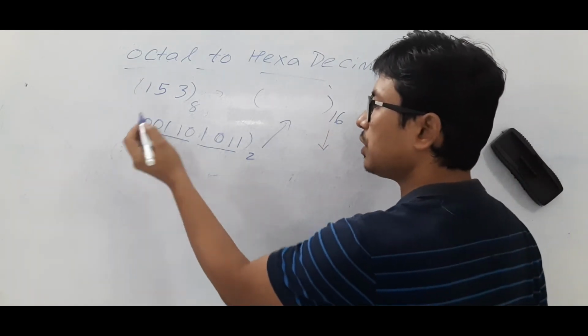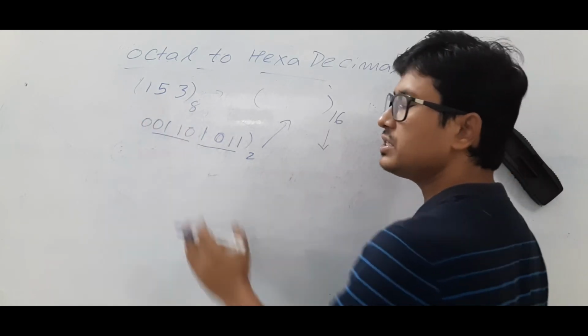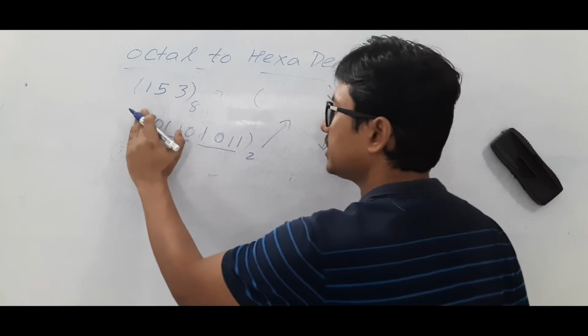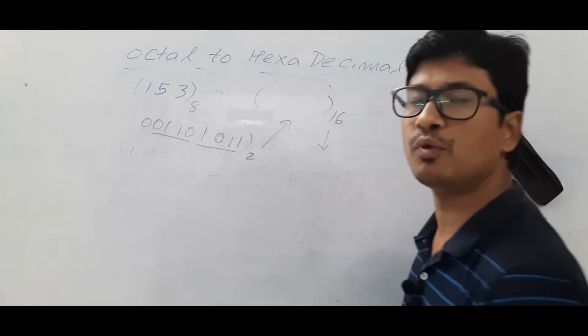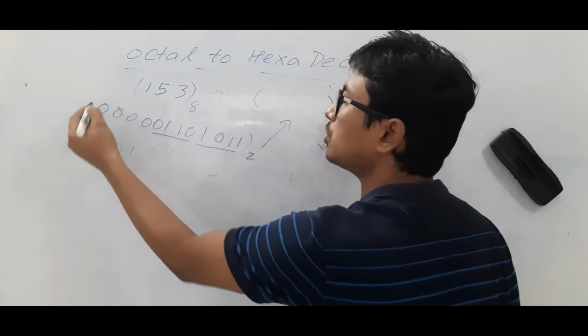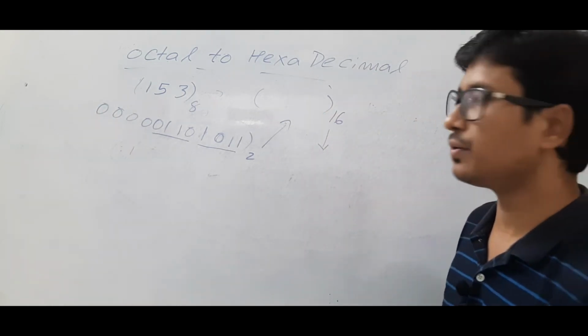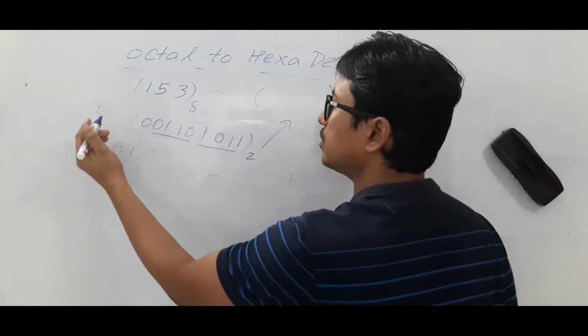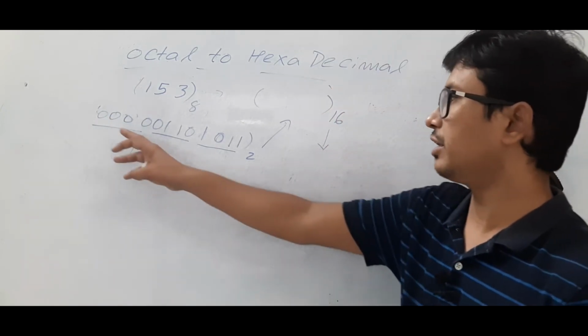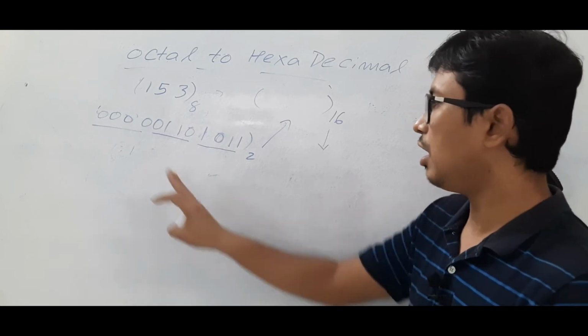But if you see that you have 1 bit, here 0 is there, I can neglect it. However, I am telling a procedure. Suppose in this place you have a 1, then you can add another 3 zeros and consider it as 4 bits. Are you able to understand?